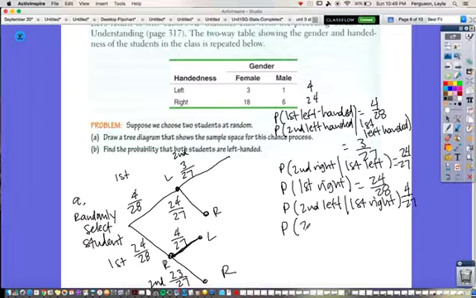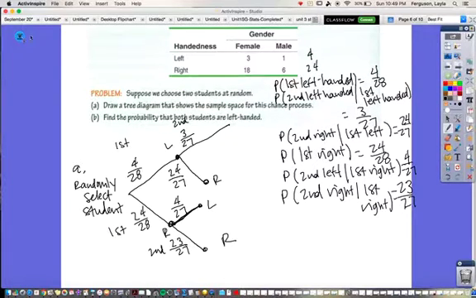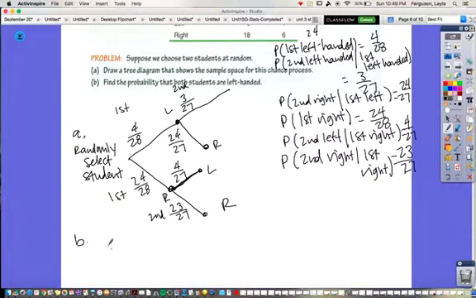And so the probability that the second is right, given the first was right, is going to be 23 out of 27. So for B, we want to find the probability that both students are left-handed.